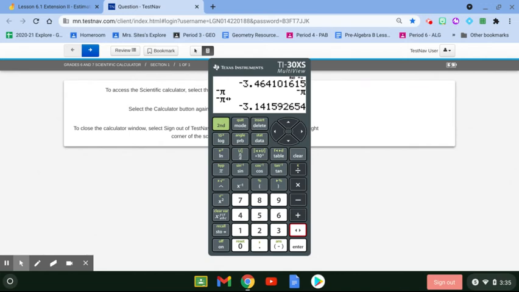So negative 3.4 is actually much less than negative 3.1. So negative 3.1 is actually bigger than negative 3.4 because negative 3.4 is further away from 0 than negative 3.1.